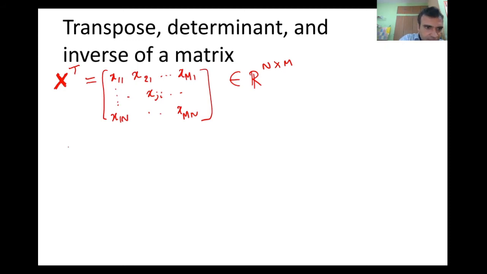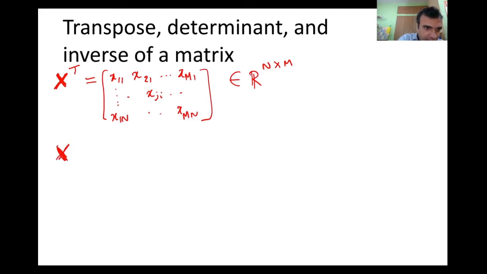Okay. The next operation that we'll talk about on a matrix is its determinant. Now these determinants are only defined for square matrices. So X has to belong to m cross m.